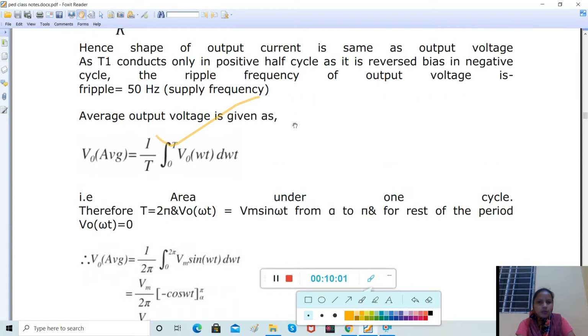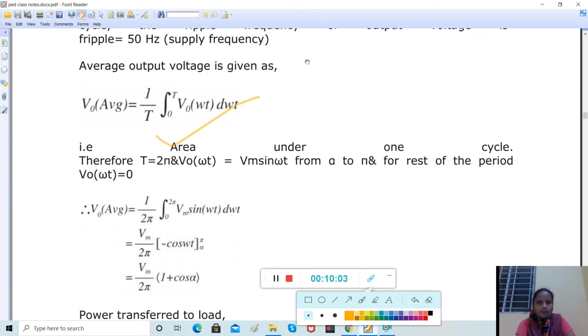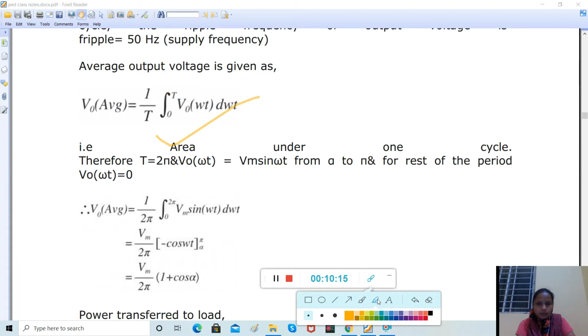This is your supply. T is from 0 point to 2 pi.